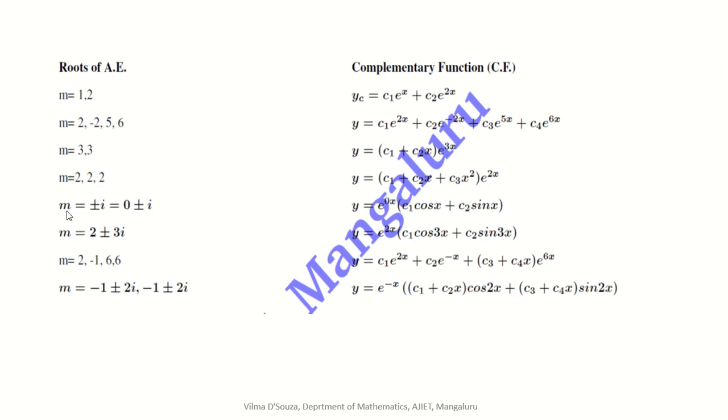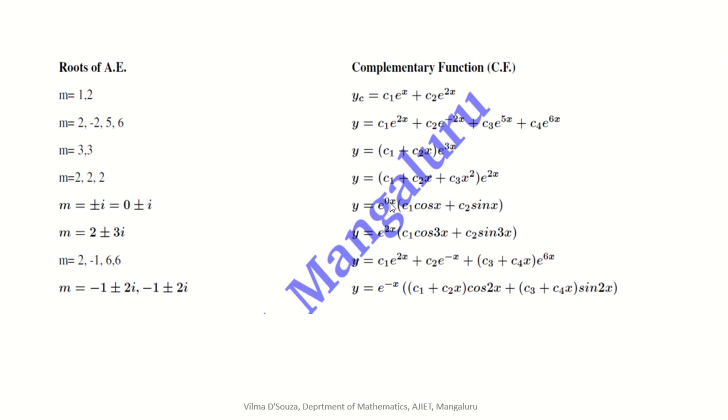Now here you can observe m is equal to plus or minus i, which is equal to 0 plus or minus i. So a plus or minus ib. What is a? 0, b is 1. So when the root is a plus or minus ib, how do you write down the solution? e power ax into c1 cos bx plus c2 sin bx.